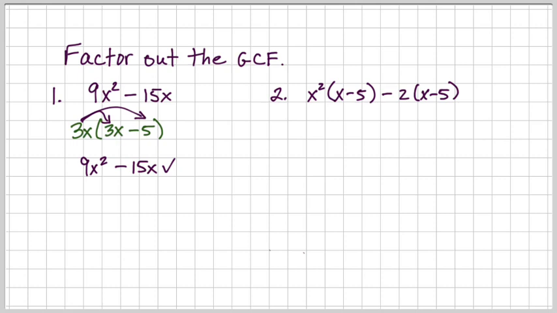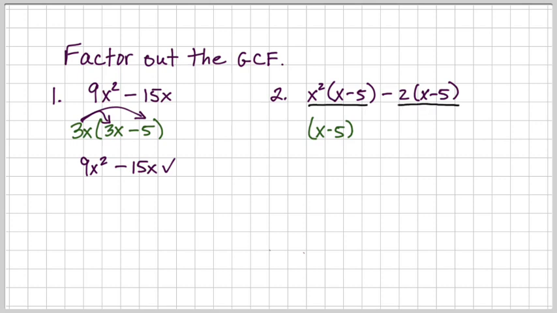All right, let's go ahead and look at number 2. If you haven't, you may want to stop the video and try it. It's a little bit different, but it's the same idea. All right, so I'm going to go ahead and show you how to do it. Basically, what we have here is a common factor of x minus 5 if you look at these two terms.